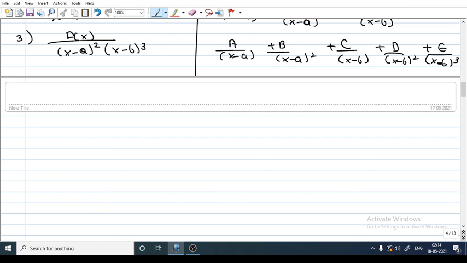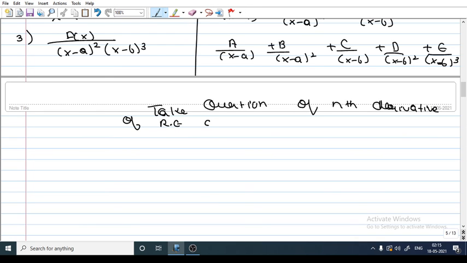Now we are done with this session. In the next session we are going to take questions on nth derivative of rational expression and logarithmic function.